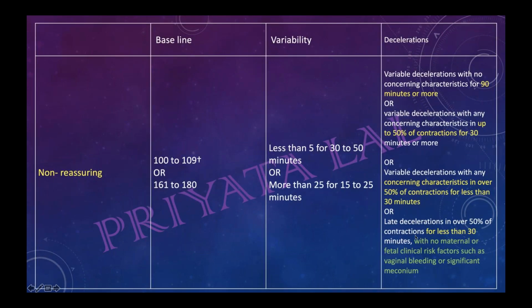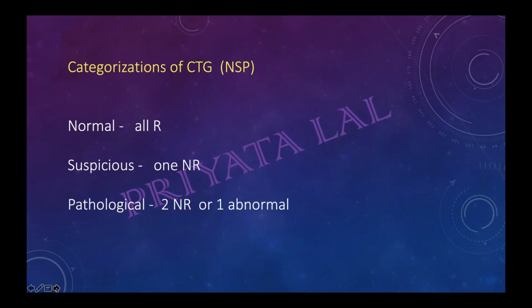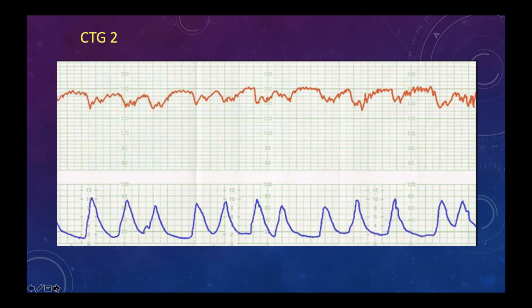Okay, yes, for late deceleration, that 50% is not there. It is for variable only. So it will be easier to remember now: late deceleration less than 30, late deceleration more than 30.